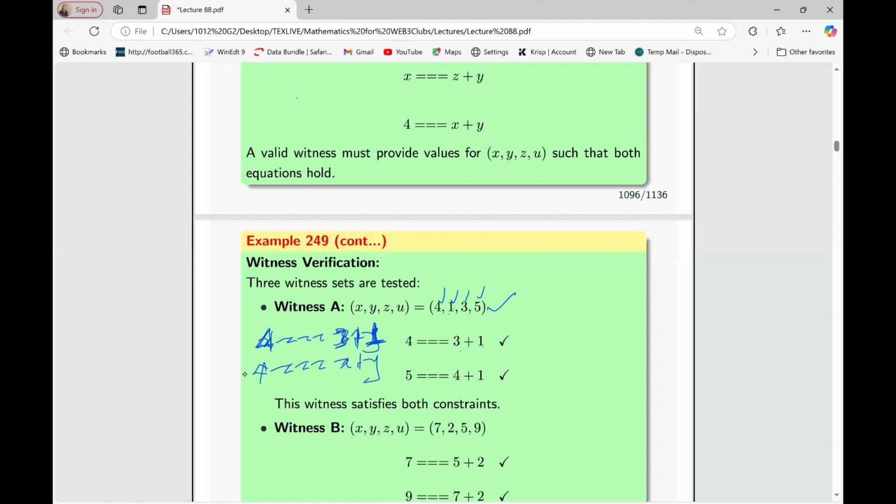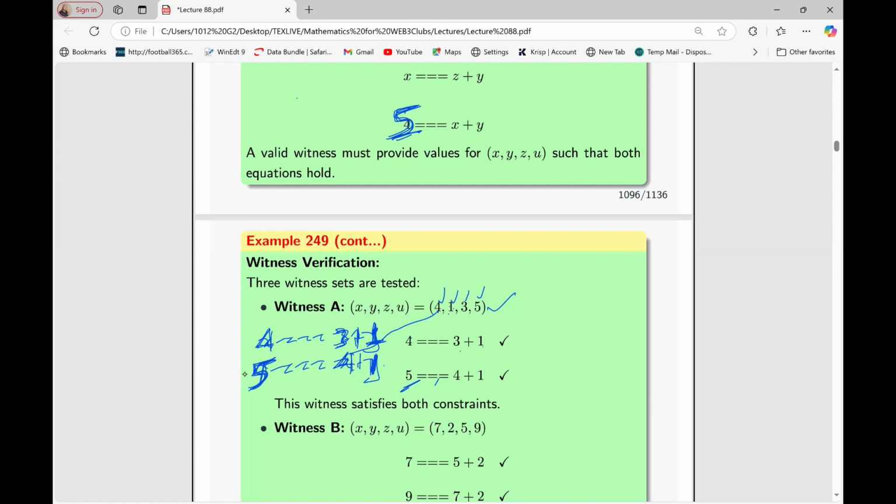Now you check the second constraint if the same values would fulfill. The second constraint had 4 equals x plus y. So just put x here, x is 4. Then put y. Oh, I think I typed wrongly here. This was supposed to be 5. So 5 equals, put x here as 4 and put y as 1.